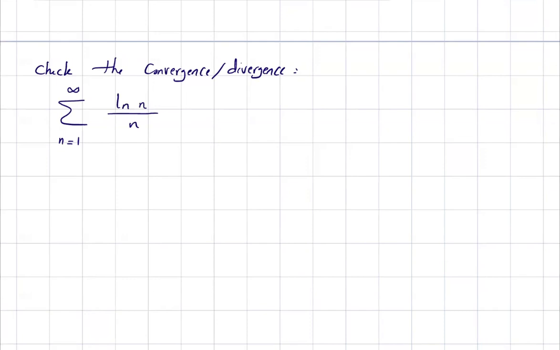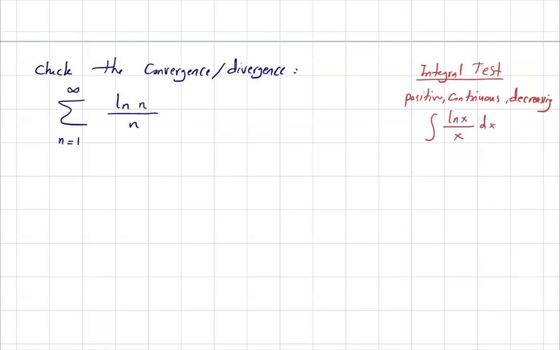Remember that you can always use the method of integral test, which basically says as long as you have a positive, continuous, decreasing function, then the integral of ln of x divided by x dx, x starts from 1 to infinity, gives you the convergence and divergence that you're looking for. But sometimes it's easier to apply other methods, like comparison test.